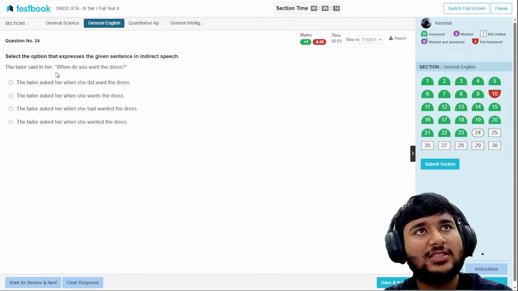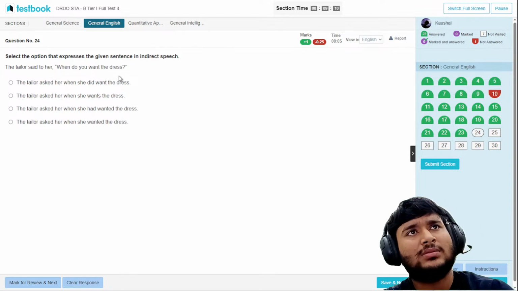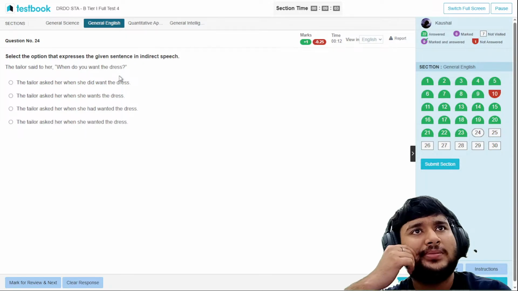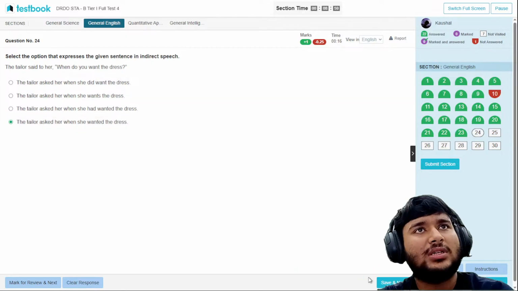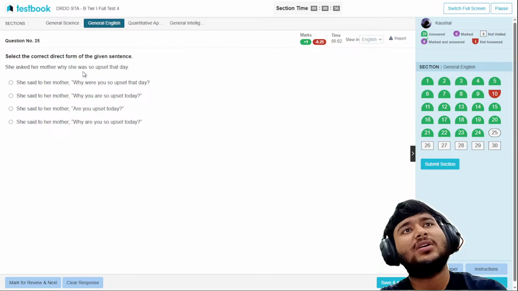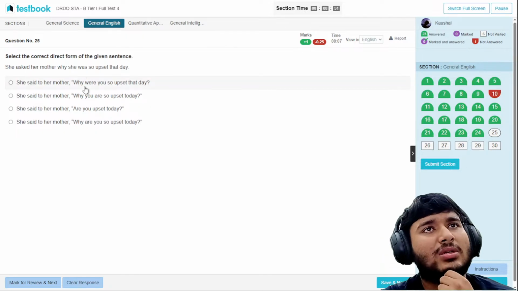The tailor said to her, "Where do you want the dress?" Tailor asked her where she wanted the dress. She asked her mother why she was so upset that day. She said to her mother, "Why are you upset?"